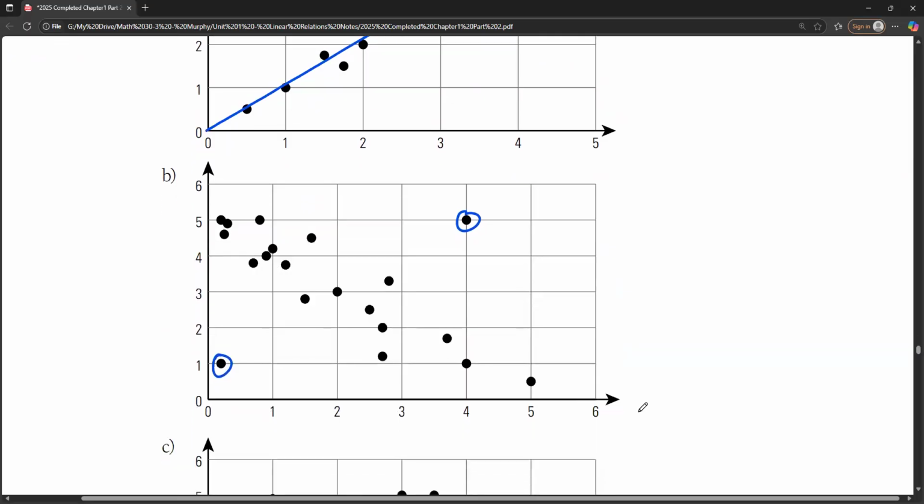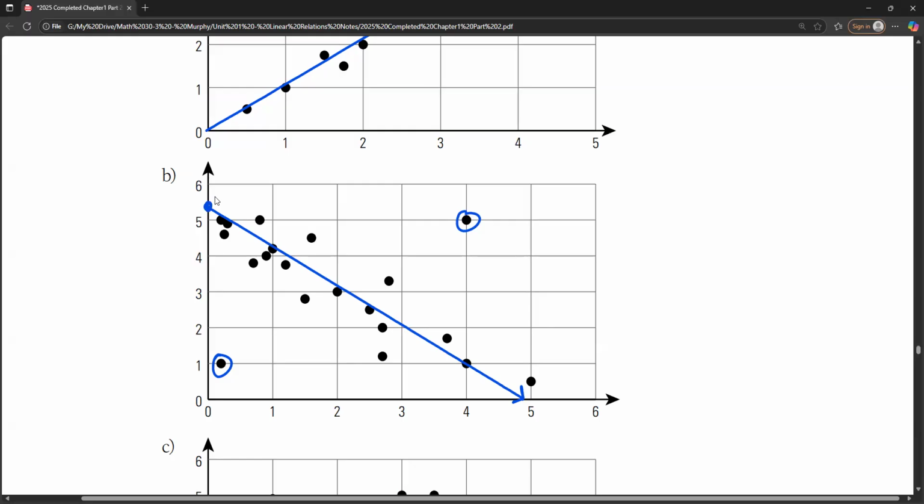Okay, B. The data points seem to form a straight line, but it does not pass through the origin. So the graph has a partial linear relation. If we did a line of best fit, I would say it's right about there, maybe like that. It's partial because it doesn't start at 0 and 0. It starts way up here.